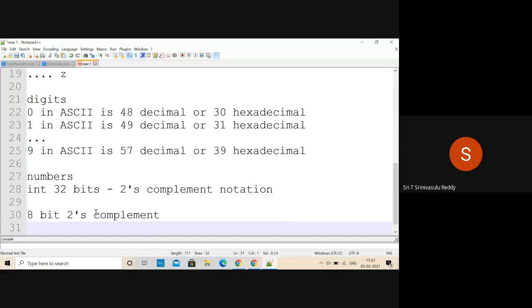By using more bits, you can represent bigger and bigger values. First of all, this two's complement notation is useful to store both positive as well as negative values, that is, signed numbers.